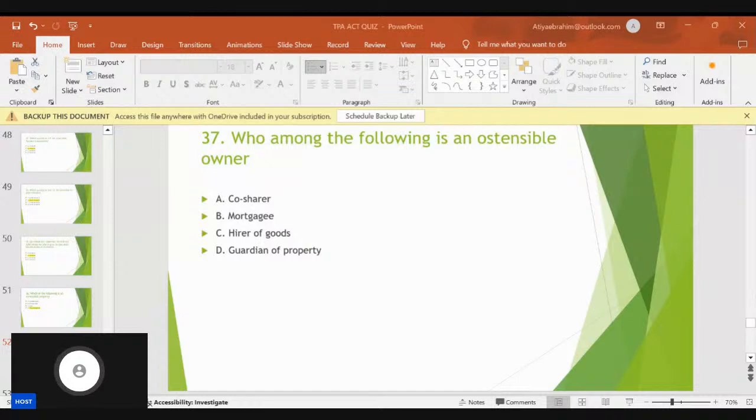Don't you think co-sharer can also be, apparently he also looks like an ostensible owner? What do you think about co-sharer, students?